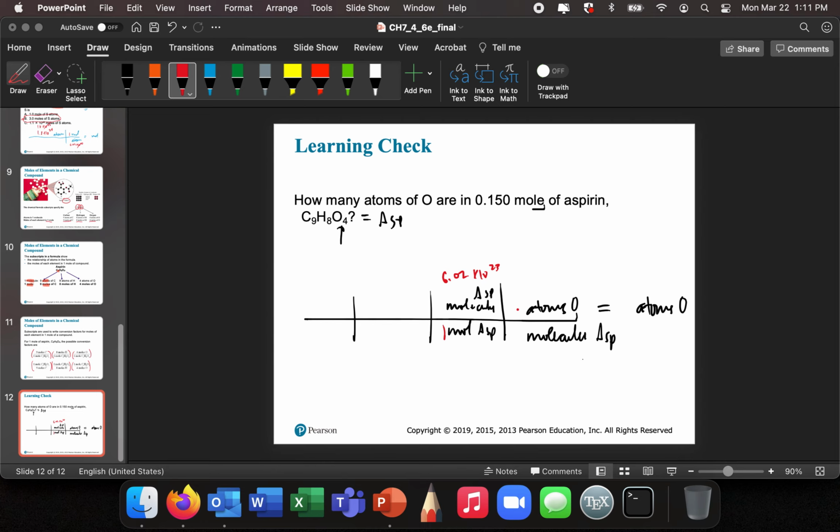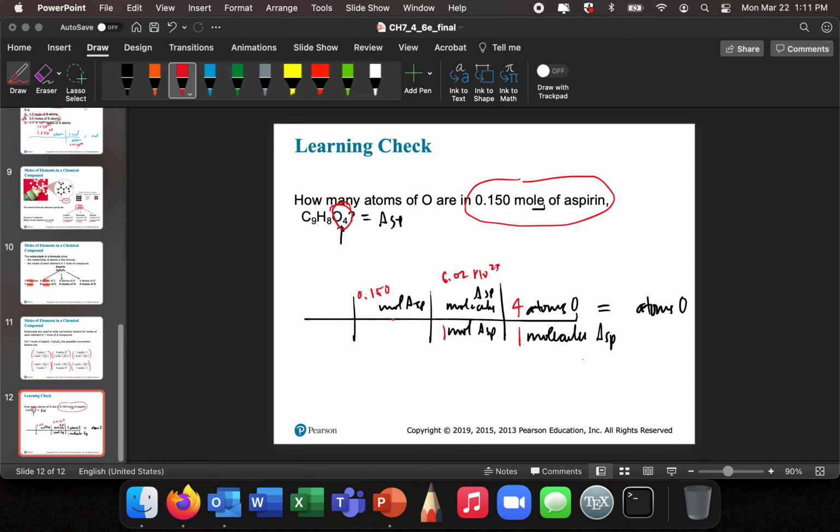So there are 4 atoms of oxygen, because there's a 4 right there, 4 atoms for every molecule. And how many moles of aspirin do I have? 0.15, so let's go back here and say moles of aspirin. So it's 0.15.